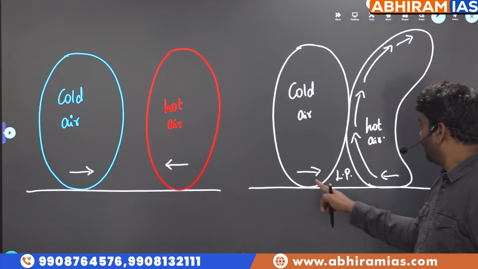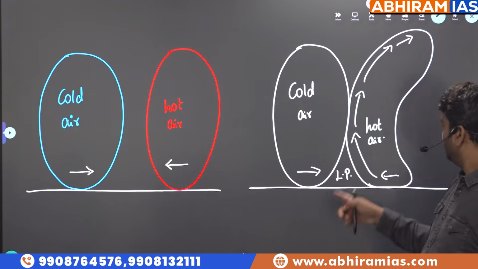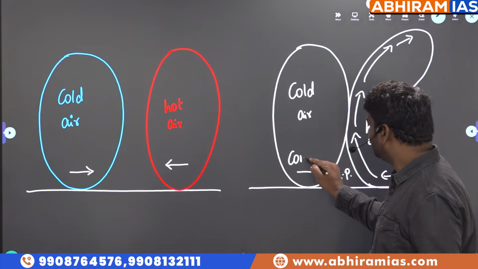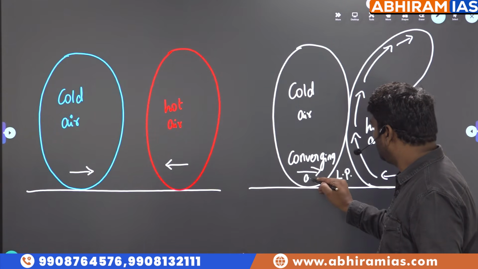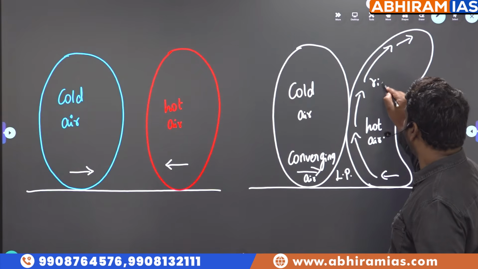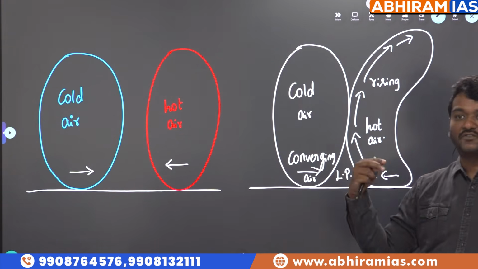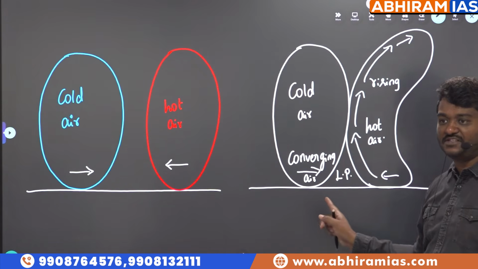Now you tell, is this converging from both the sides? Is it rising? Converging and rising is called as low pressure area. Second question, is it rising because of air mixing, or is it rising because of earth surface temperature?